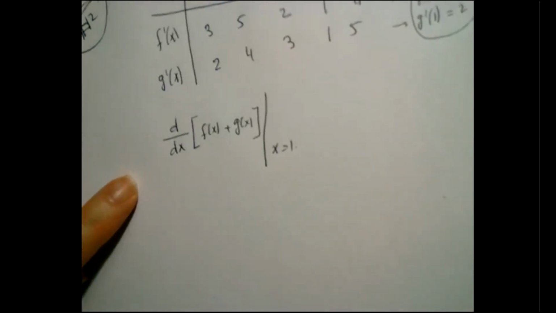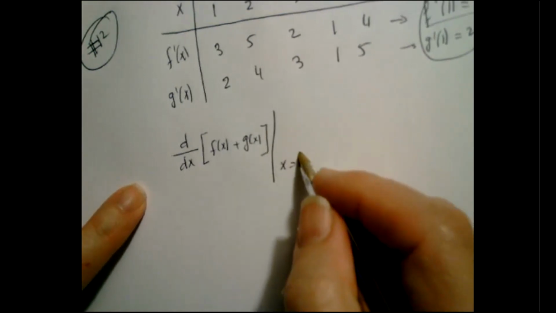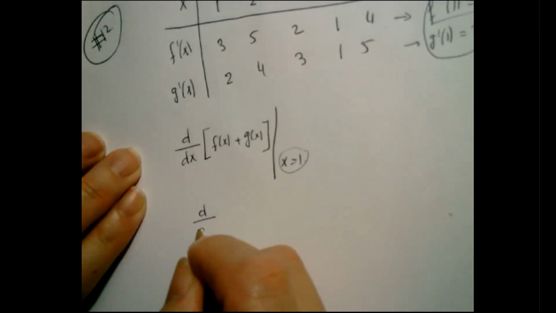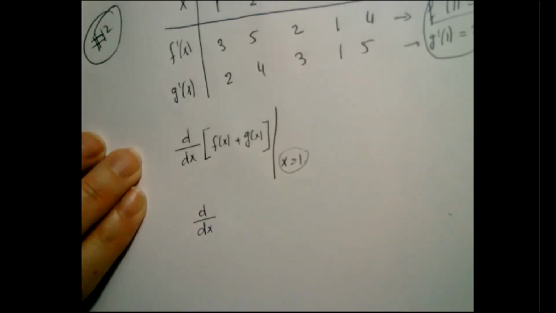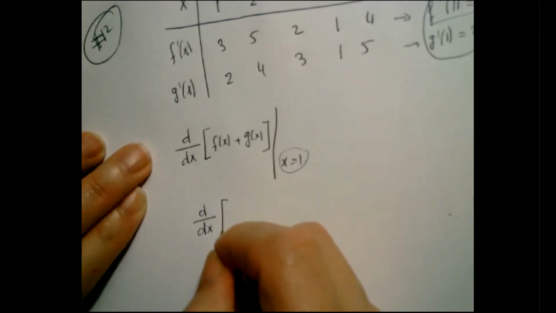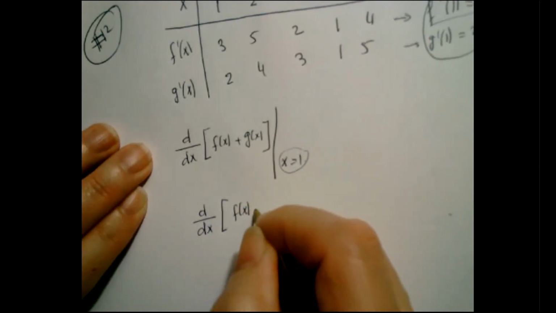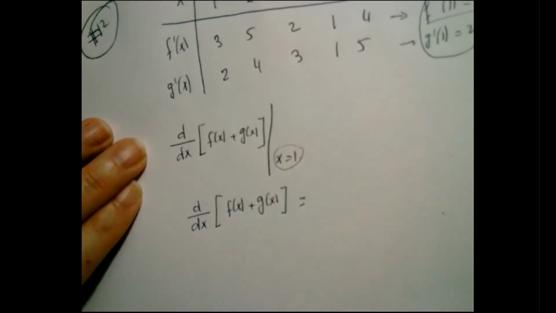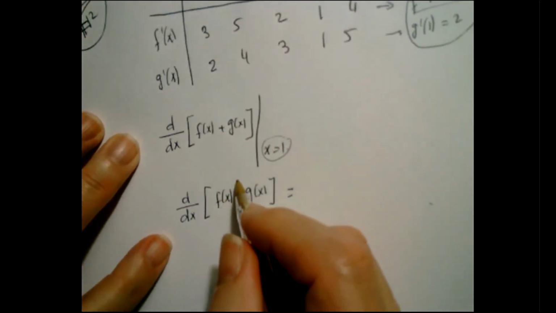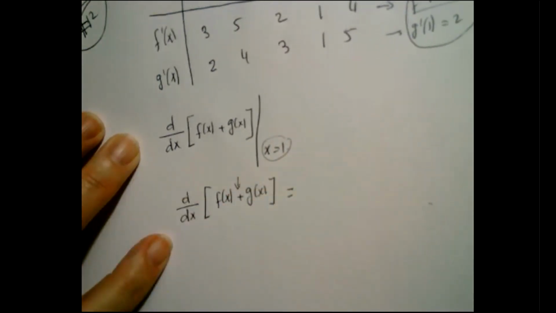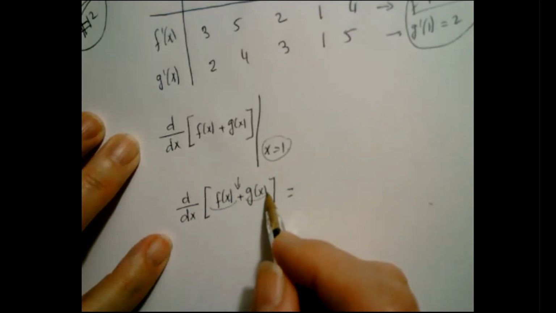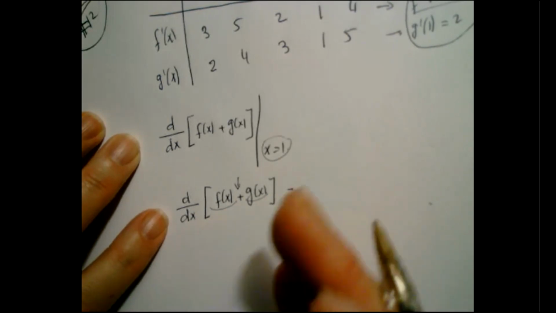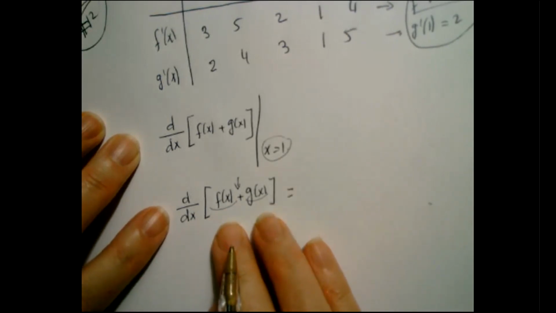The way we evaluate the derivative at a fixed point is first, we find the derivative at any point. So what's the derivative with respect to x of f plus g? I said yesterday, if you remember, if we have two functions, we can create a new one, which is the sum of the two old ones. Then this new function will have a new derivative because it has a new slope.